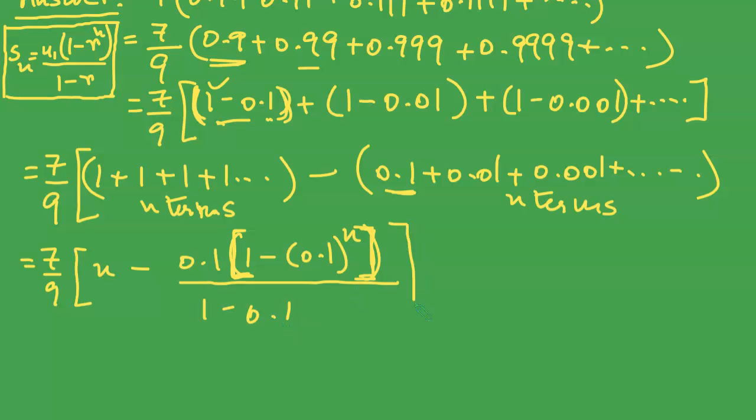So this is equal to 7/9 times n minus 7/9, and this one is 0.1, and 1 minus 0.1 is 0.9.